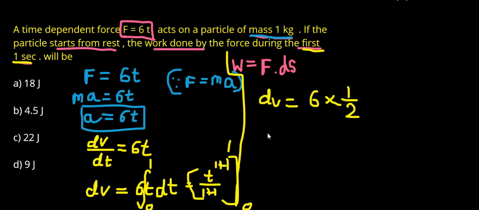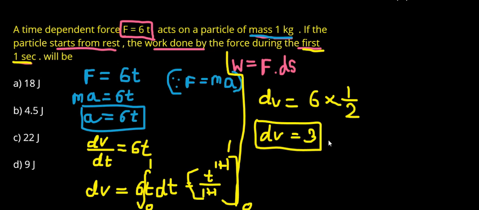So we get dv equal to 3, by cancelling the 6 and 2. Using this I am not able to find t, there is no t here, it is not time dependent, this is the value of v. So I cannot find any value here.